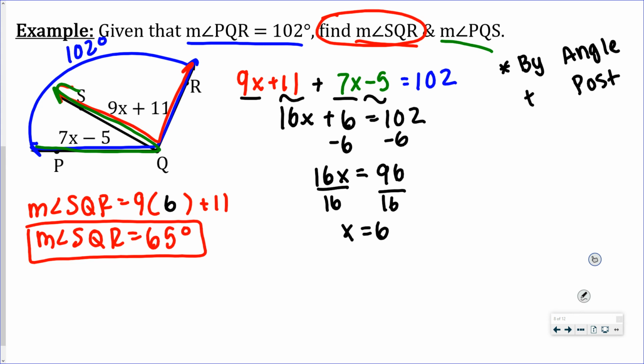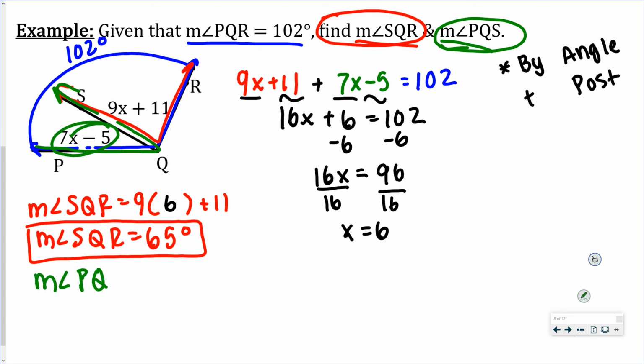Two ways we can find this one. We know they have to total 102, so we can just do 102 minus 65, or we can plug 6 in for x here as well, if we'd like to. I'm just going to quickly do subtraction.